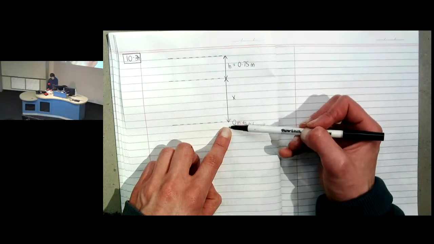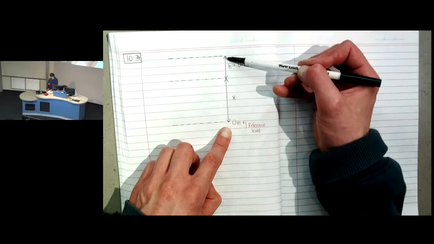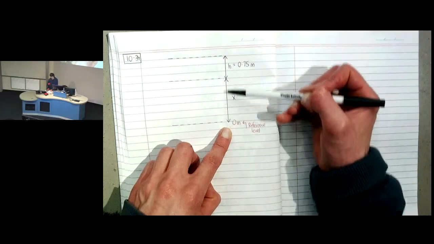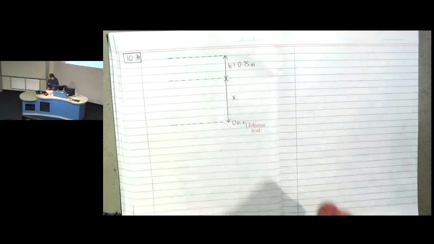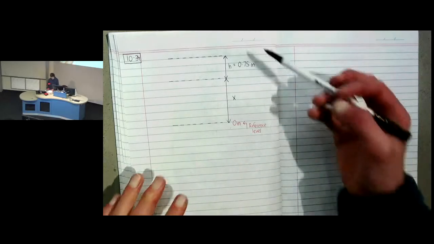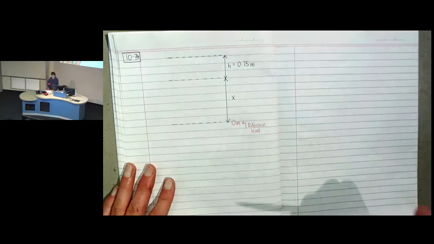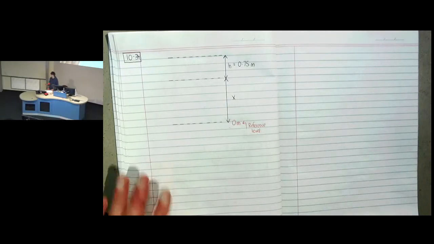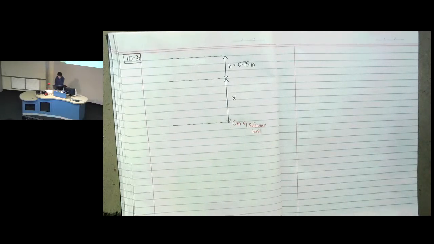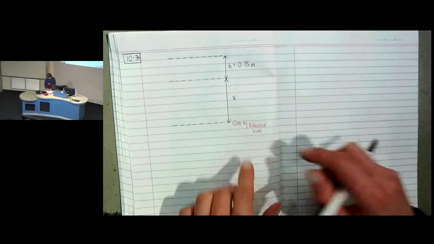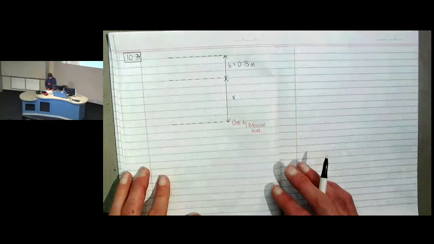So his speed down here is 0 and his speed up here is 0. So although we have these two forces doing work on him over this distance here, the net work done on him as he goes from here down to here is just going to be 0, because his change in kinetic energy is going to be 0. So I think that probably would give us an equation that we could hopefully solve for this x.